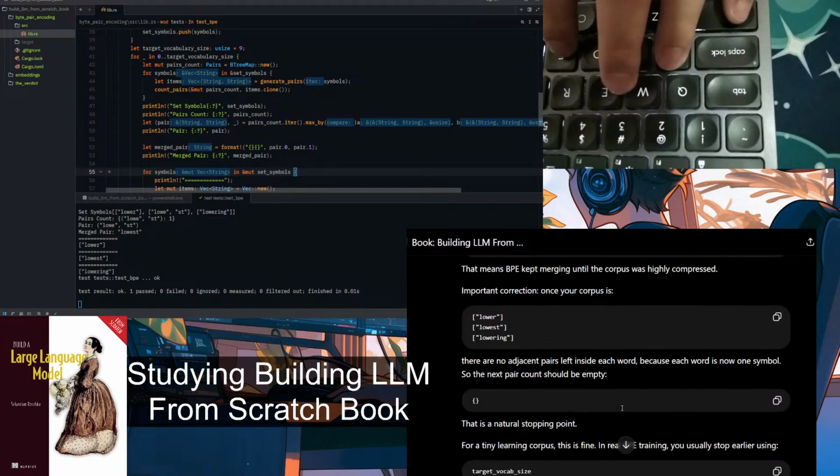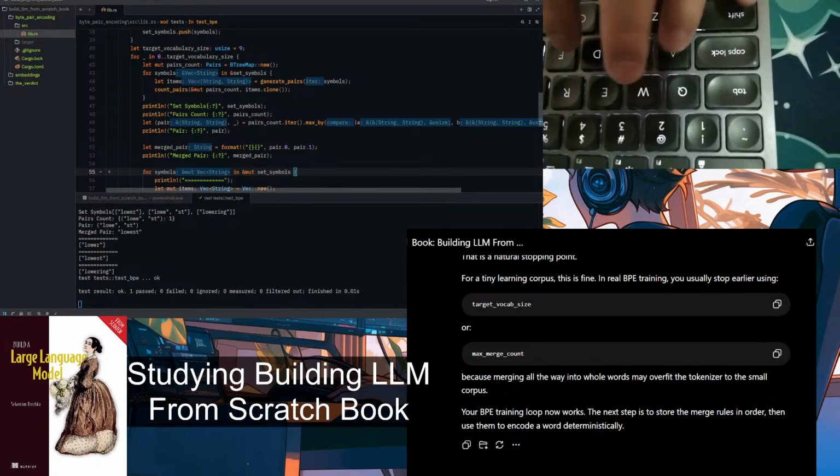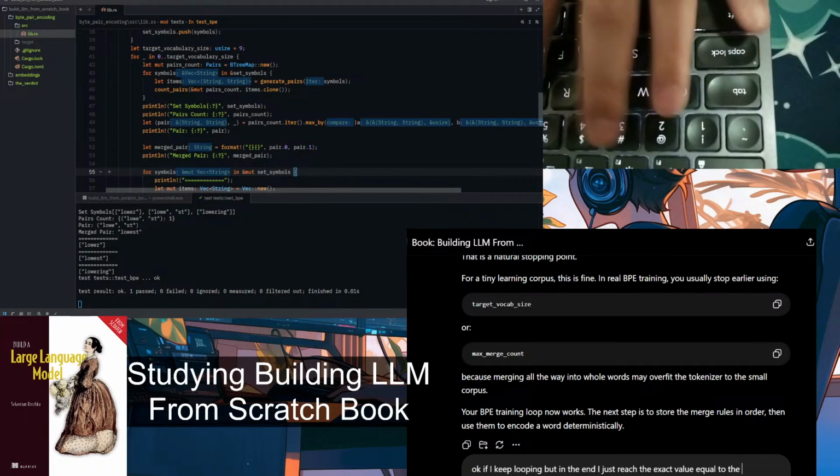Okay, so what is my question again to ChatGPT? There's no adjacent parsing step inside. Okay, so if I keep looping and I reach no pairs, but in the end, I just reach the exact value equal to the initial.